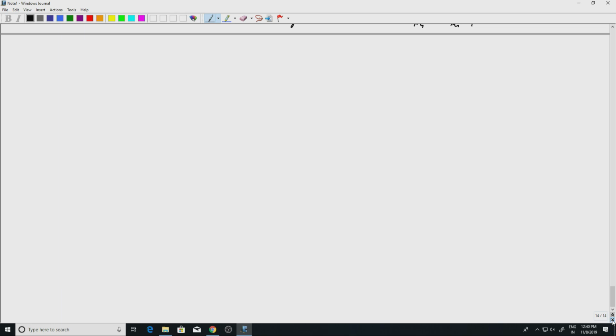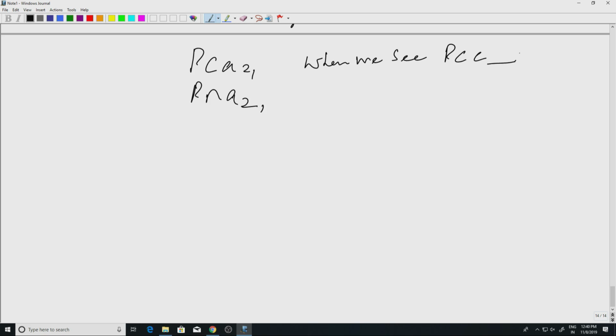Maybe some interesting space groups we can see. For example, we have seen PCA21, PNA21, whereas when we see PCC, is it 2 or 21?